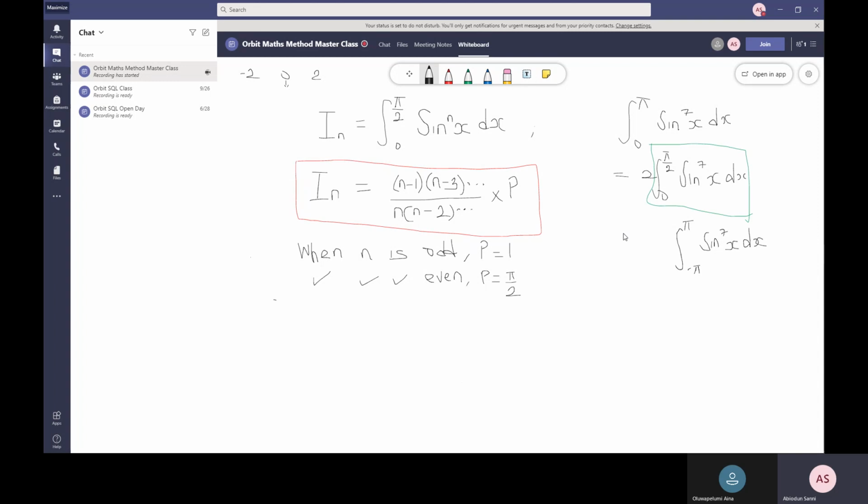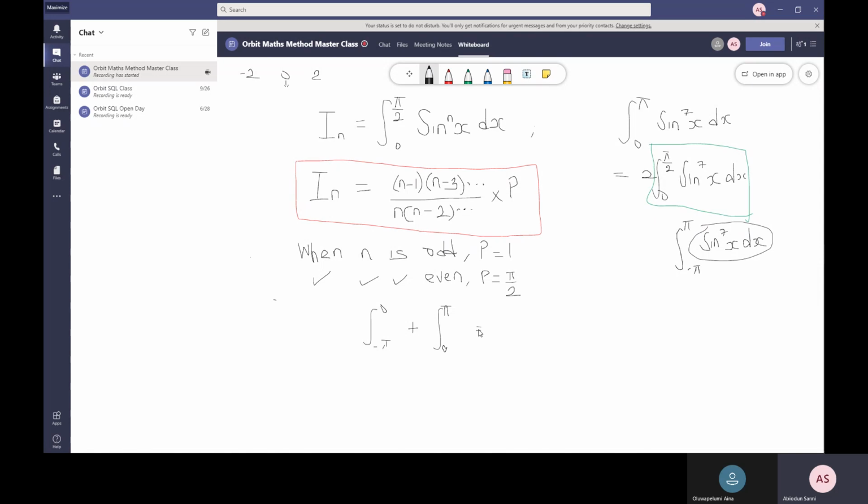So in this case also, I'm going to split this interval like this: minus pi to 0 plus integral 0 to pi. So instead of doing minus pi to pi, I'll first do the integral from minus pi to 0, then add it from 0 to pi. It's still the same thing. You understand?